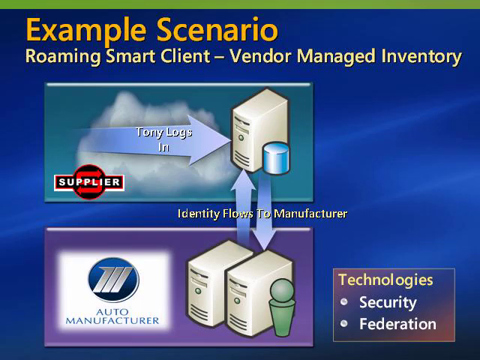Right? And this actually does happen in the automotive industry, where you have a bunch of suppliers that basically say, you, the auto manufacturer, will never run out of parts. So Tony gets to log in to the auto manufacturer's domain. Right? He gets to actually poke around there and see if the right inventory levels are there and the right orders are happening. And that's exactly what he's going to do this morning as he's sipping his Starbucks coffee, on his Palm Top or whatever.